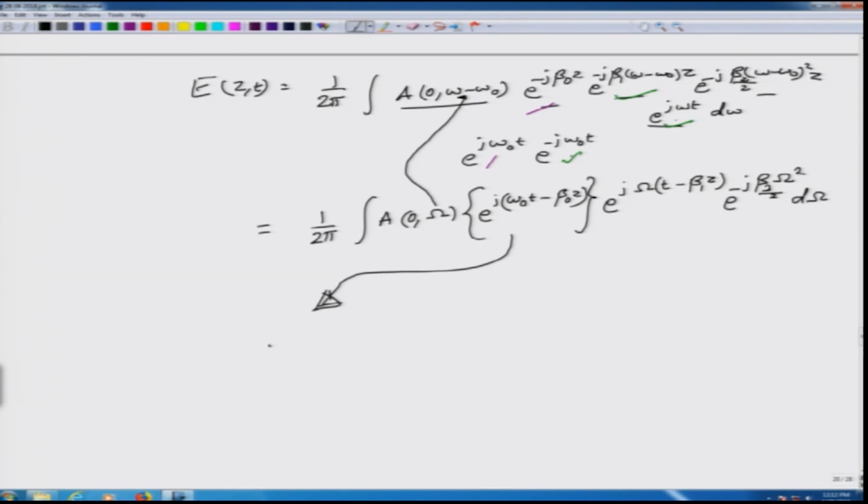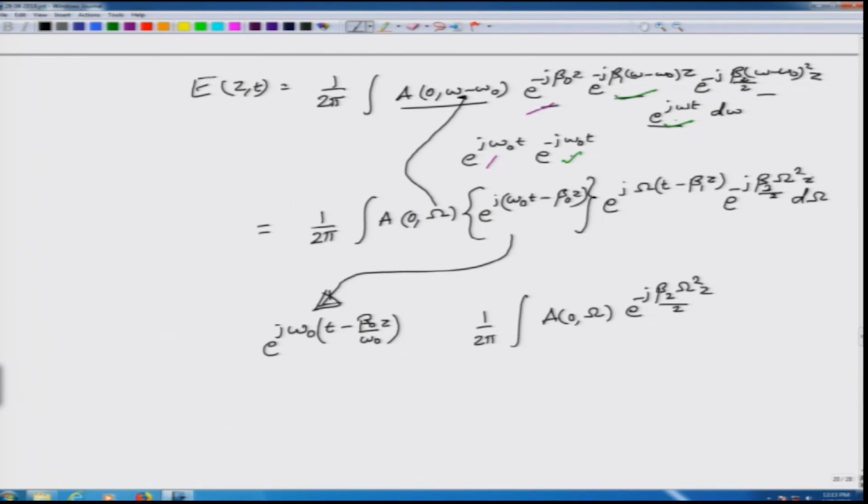So, when I pull that outside and further take omega_0 as a common factor, I get t minus beta_0 by omega_0 times z. That would be the factor that is independent of the integration, and then the integral can be written with a(0, omega), which is the spectrum, with e to the power minus j beta_2 omega squared by 2 times z.